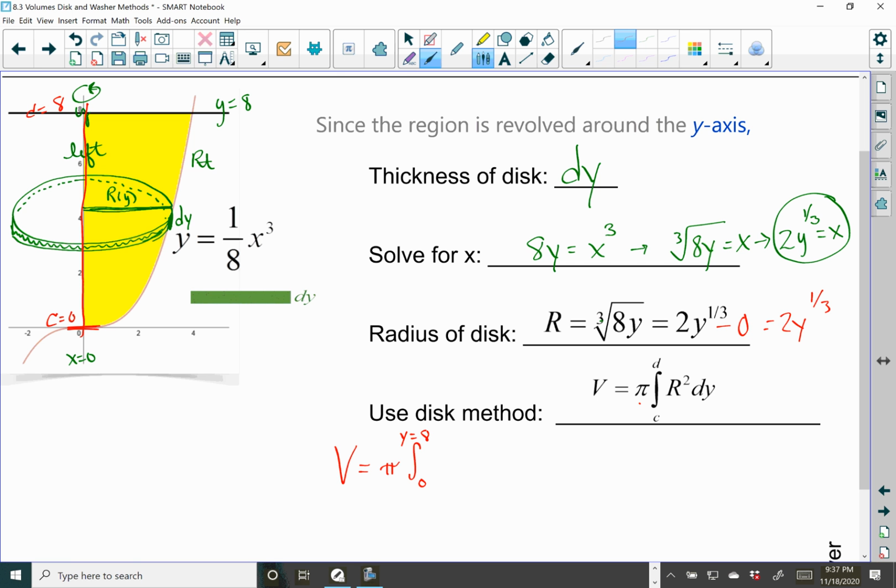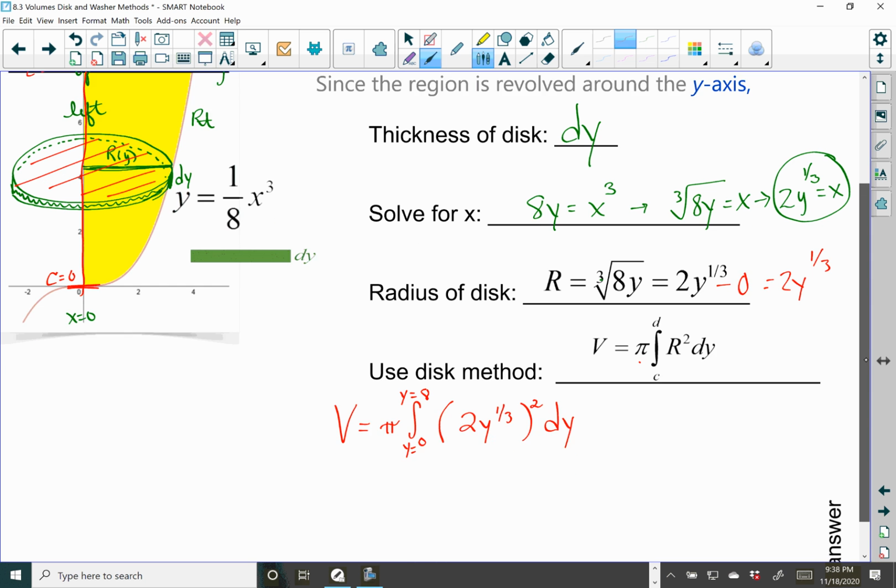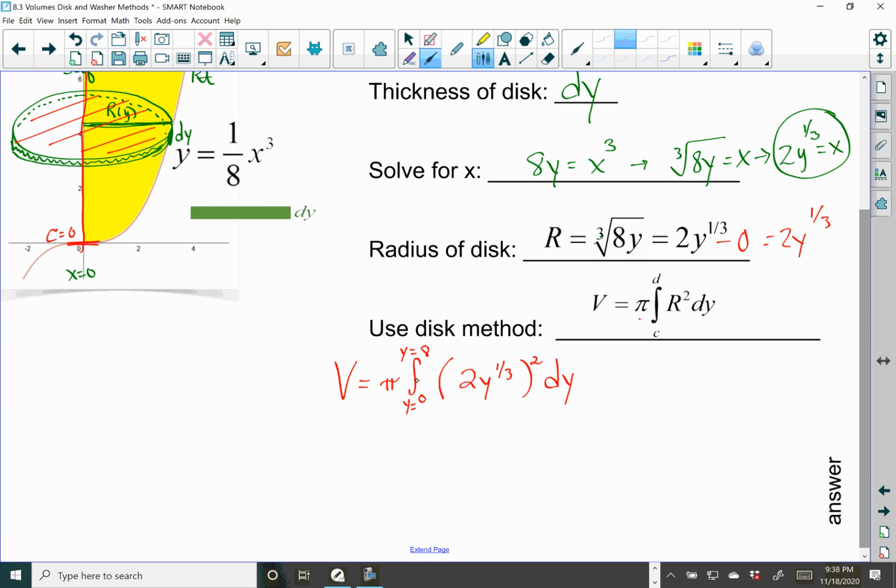I'm going to write y on there just to remind you that they are y values, of r squared, because we're building up the cross-sectional area of our disk, right, which is a pi r squared area, and that's a 2y to the 1/3 squared multiplied by pi times the thickness dy. And that should get us volume, and then we're just accumulating the volume of all the little disks in there.